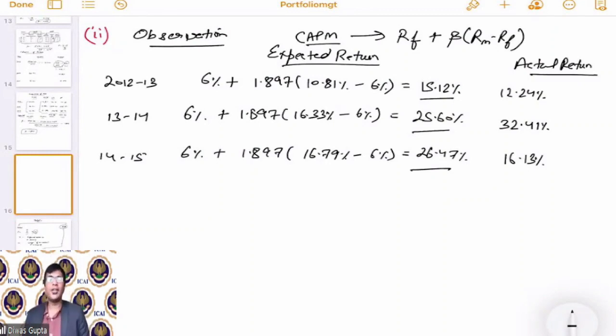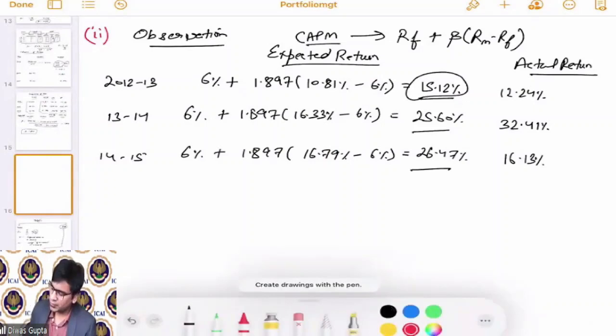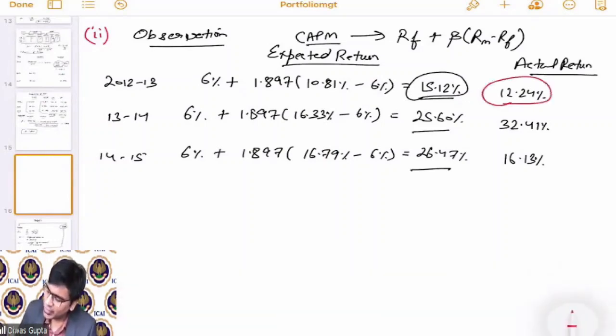If your expectation is high but actually you are getting low, you should sell it. So in the first case, your expectation is to get 15.12, but you are getting 12.24. That means you are not making the money you expect, so you should sell this from your portfolio. So our decision for the year 2013 is to sell this.